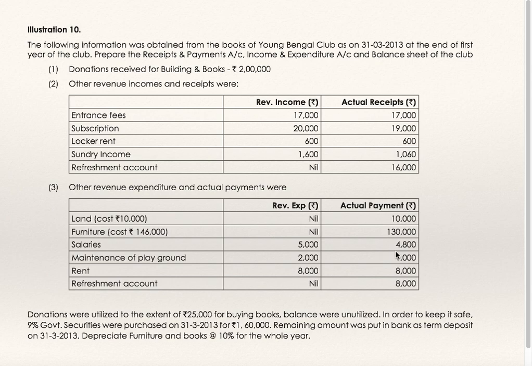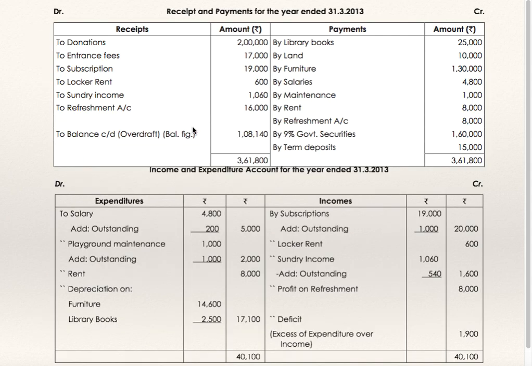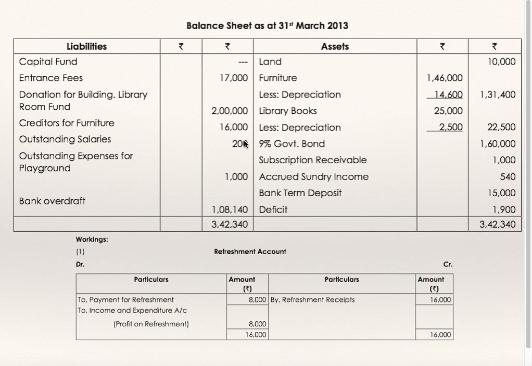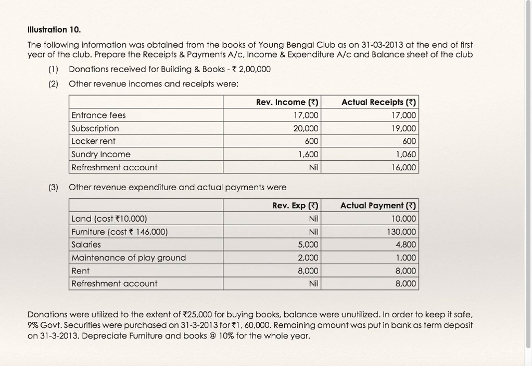Salaries payment is 4,800 but revenue is 5,000. The difference is outstanding. That means 200 is outstanding. Go to the liability side. Outstanding salary is 200.